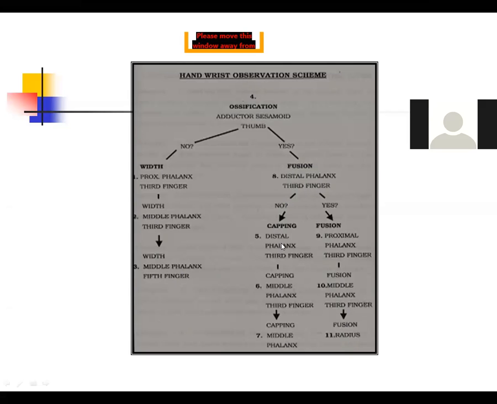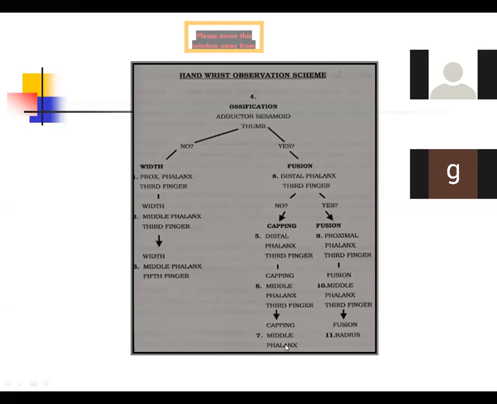Stages 5, 6, and 7 are all capping: capping of distal phalanx of third finger, middle phalanx of third finger, and middle phalanx of fifth finger. And if fusion is seen, then it can be 9, 10, or 11. That is proximal phalanx of third finger fused, middle phalanx of third finger fused, and radius fused. If the radius is fused, then the patient's growth is completed.